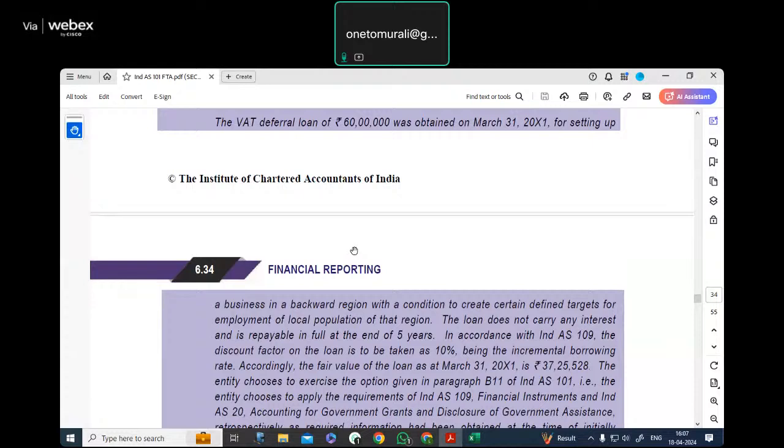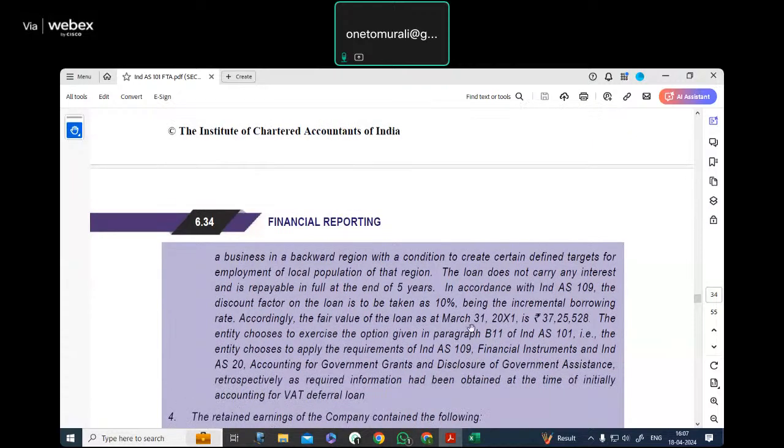Correct. So that is the present value of the future amount that they have got to pay. So the difference between the deferral loan and the present value will be taken up as government grant. The entity chooses to exercise the option given in B11. The entity chooses to apply the requirement of Ind AS 109 financial instruments and Ind AS 20.